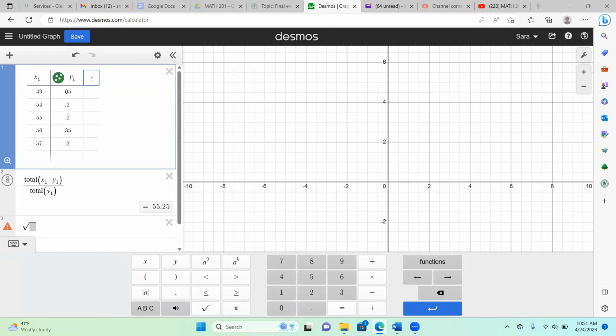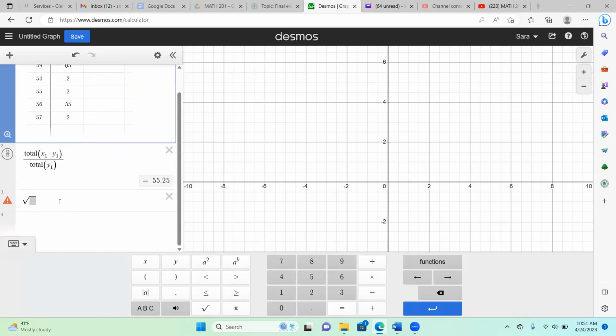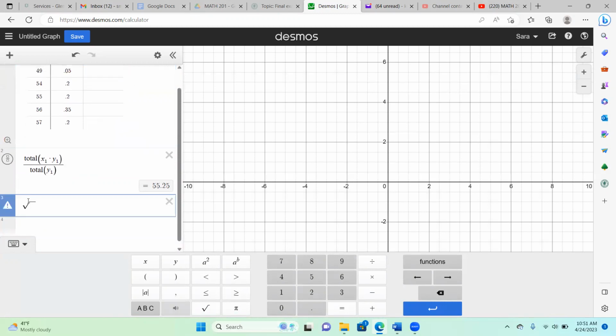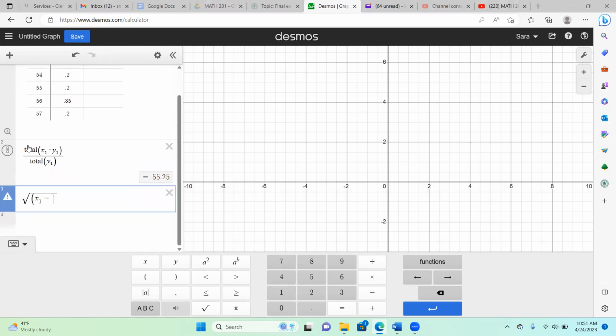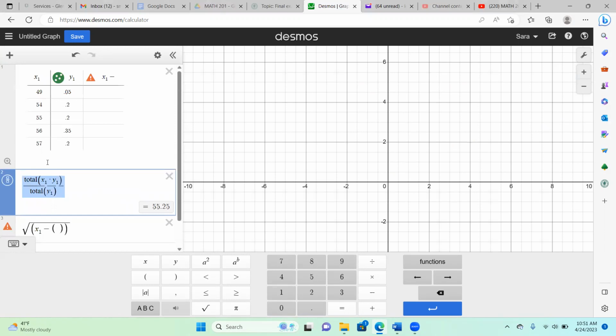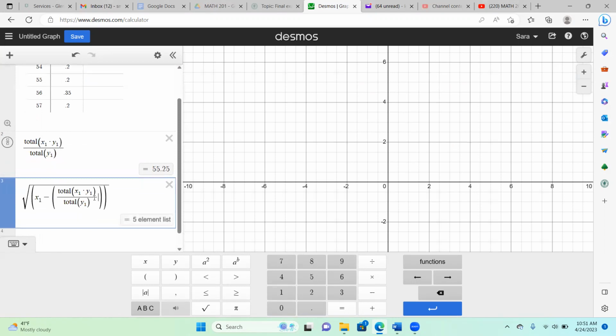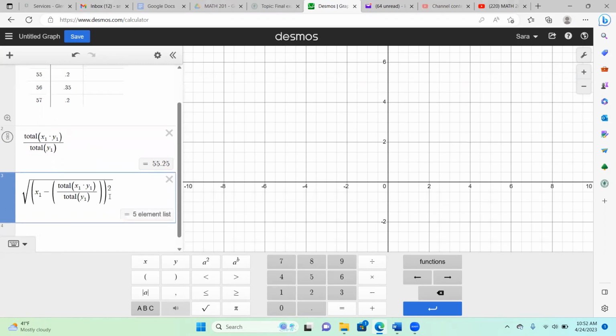It's going to be X1 subtracting this 55.25. So really we can just do in parentheses, X1 subtracting this whole formula. But we want to square it, so I'm going to use shift and square that.